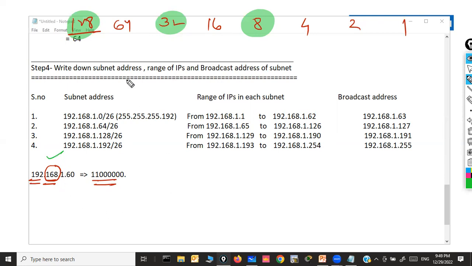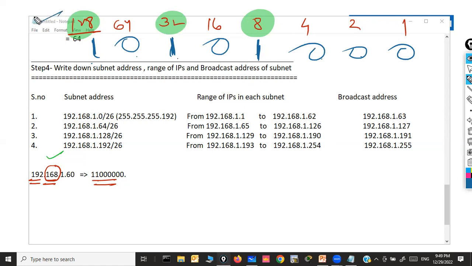So we just have to put a 1 corresponding to these numbers, 1, 1, and 1, and zeros at other places. So 1, 0, 1, 0, 1, and then 0, 0, 0. It means we have to make a combination from these position values to get this 168.